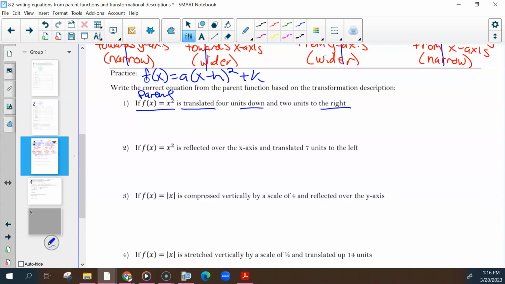I thought it was vertical. If it's translated 2 units to the right, is that horizontal or vertical? Horizontal. So then earlier when I said that vertical things happen outside, that tells us that this is going to go on the outside of the function, and horizontal things go on the inside.